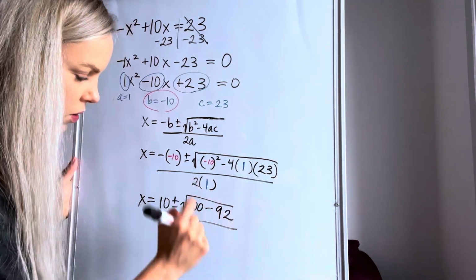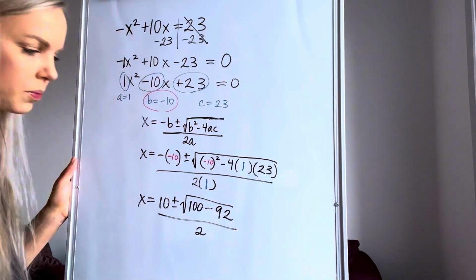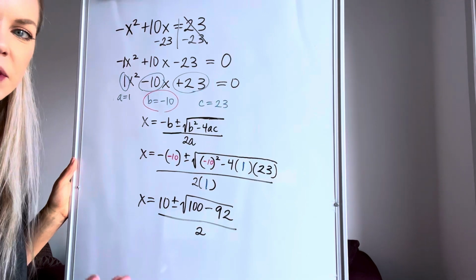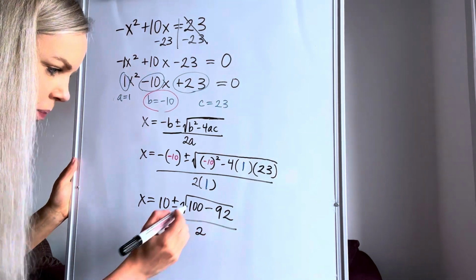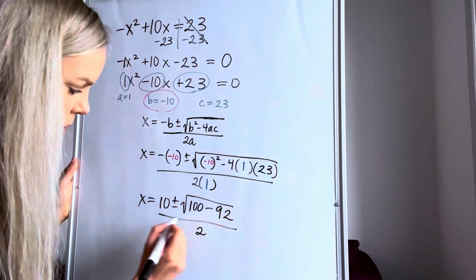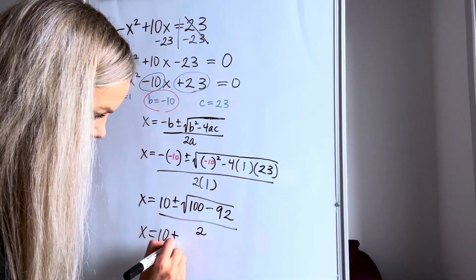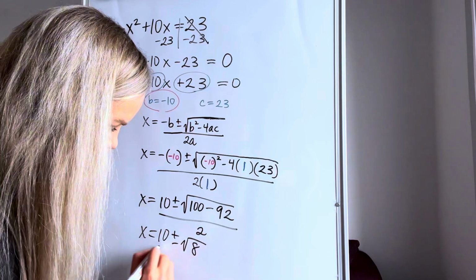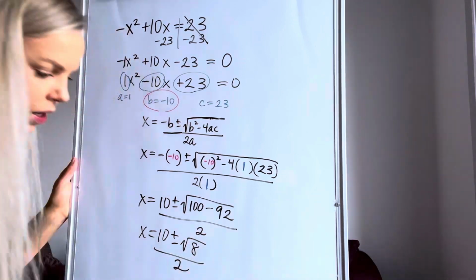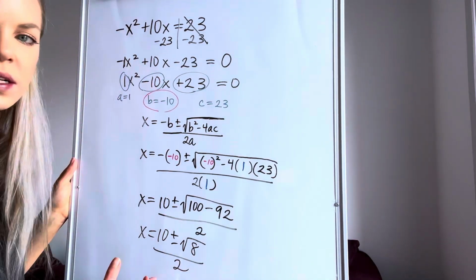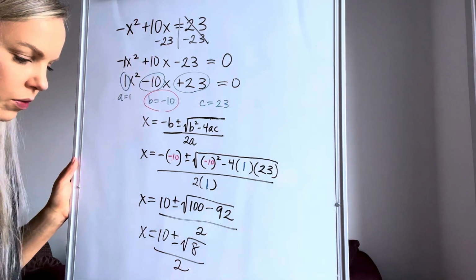All over 2 times 1, which is 2. Okay, so looking better each step, take it one step at a time. And then 100 minus 92 is 8. And so now I have 10 plus or minus the square root of 8 all over 2.